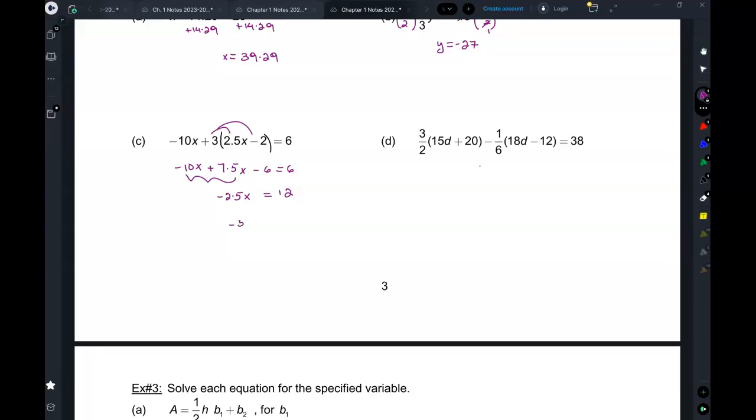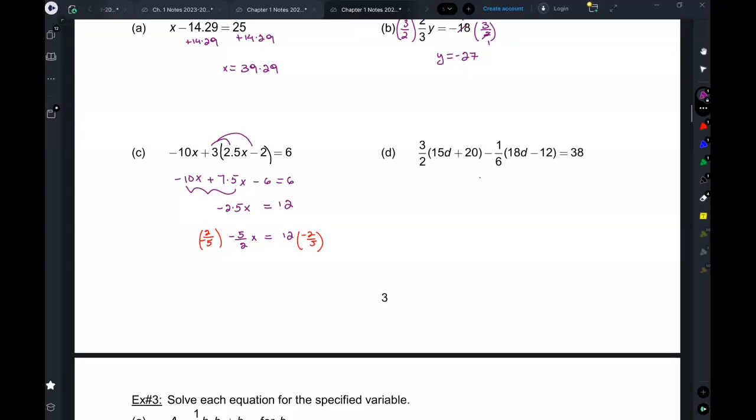So instead, I write the 2.5 as 5 over 2. So now I can just multiply both sides by negative 2 over 5. And then I get x is equal to negative 24 over 5. And that's a perfectly reasonable answer. It's simplified, so we're good to go.